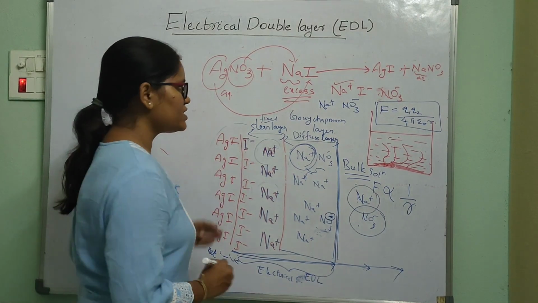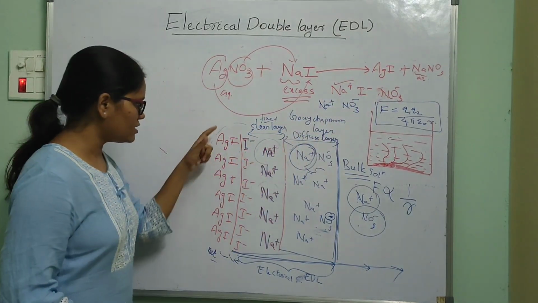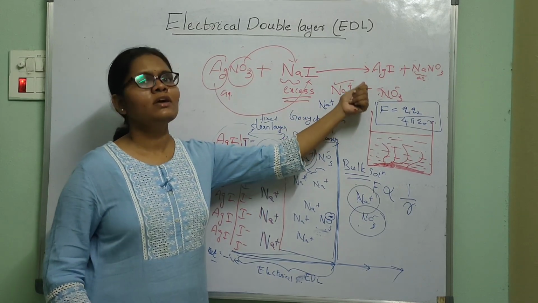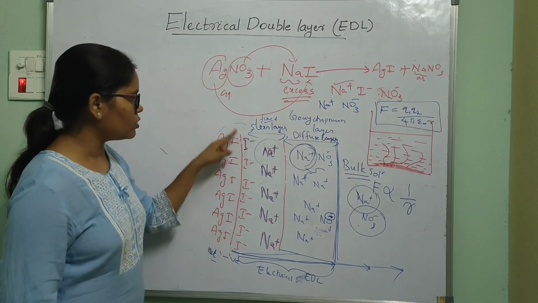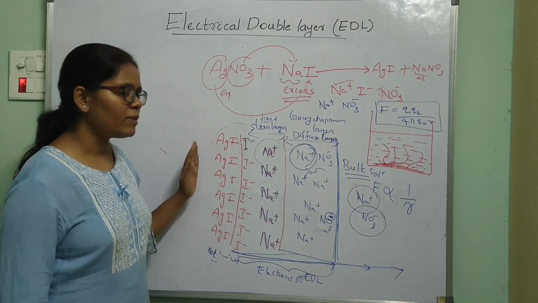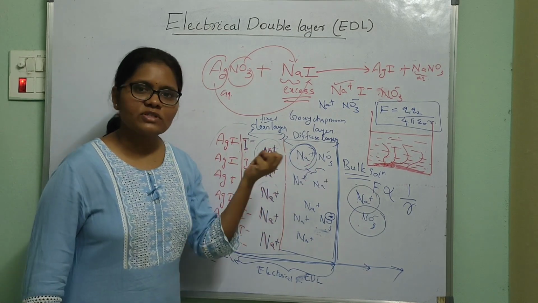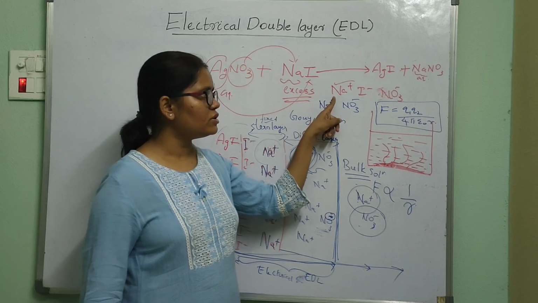So let me repeat what the electrical double layer is. We have silver iodide colloidal particles, and they have adsorbed a common ion, that is iodide ion, from the solution, and this colloidal particle has acquired a negative charge. So when the colloidal particle acquires a negative charge, what will it do? It will attract the positive ions from the solution. What are the positive ions present in the solution?